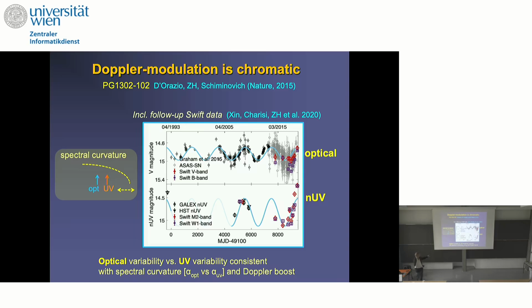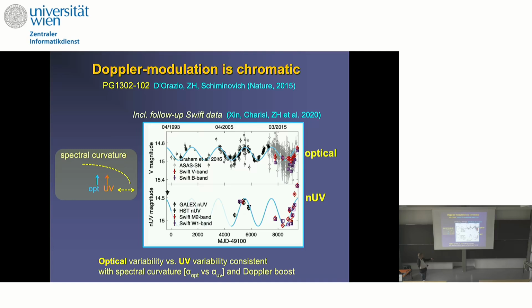To explain that, you should just think this is a spectrum. This is, let's say, the optical band. This is the ultraviolet band, and the spectrum has a different slope. So now if you have a spectrum that's very steep and you Doppler wobble the frequencies due to the Doppler effect, there'll be a large modulation in flux. If you have a flatter spectrum, it will be a smaller modulation.